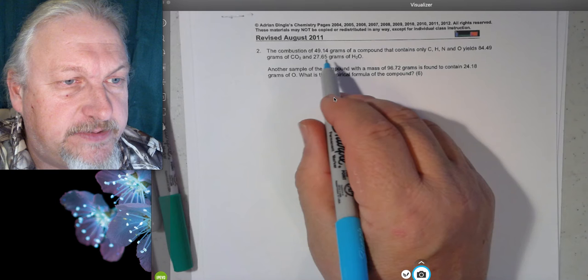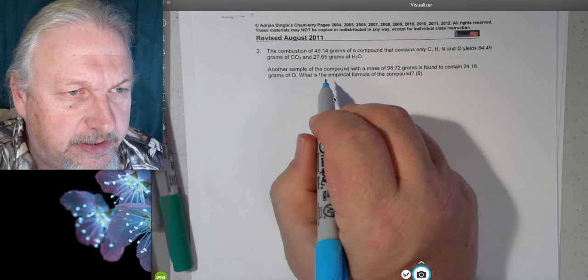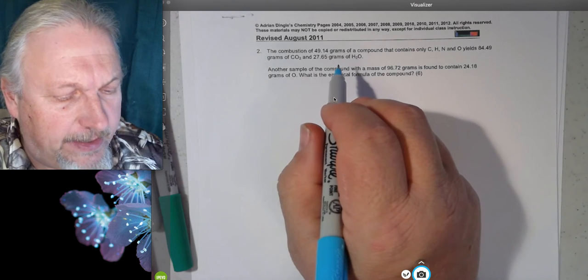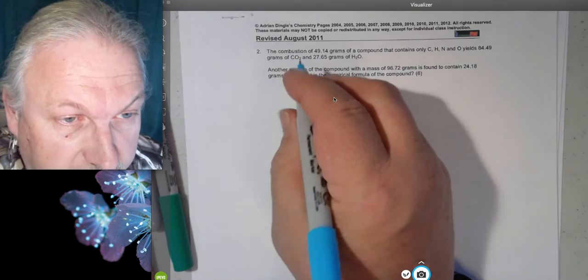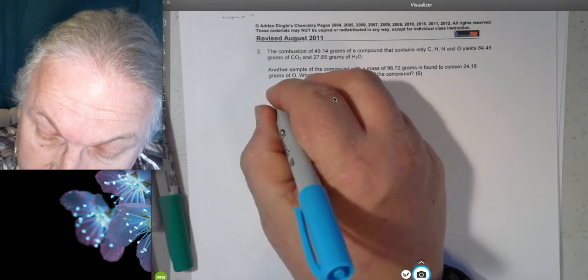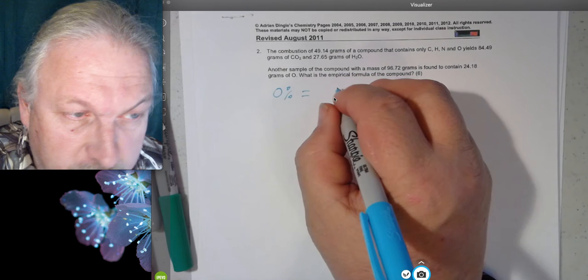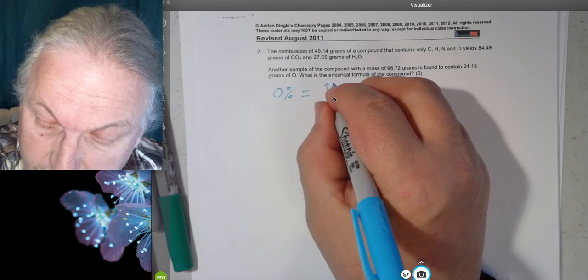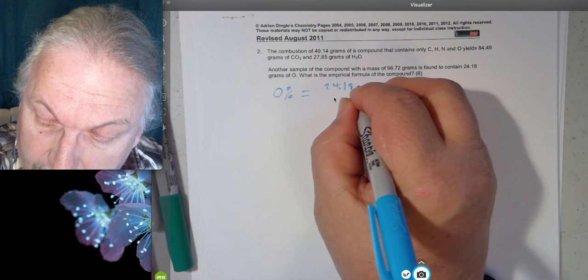Oxygen percent is 24.18 grams of oxygen divided by the total, 96.72 grams of the sample, times 100, we will get 25% oxygen. So let's get us a little table going.